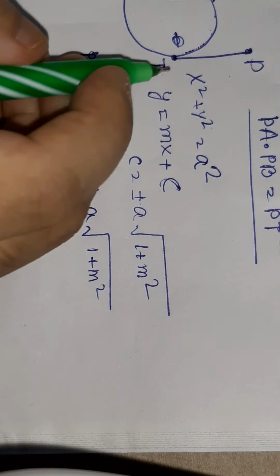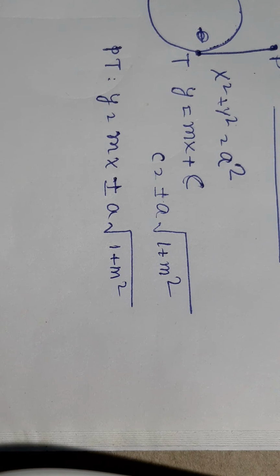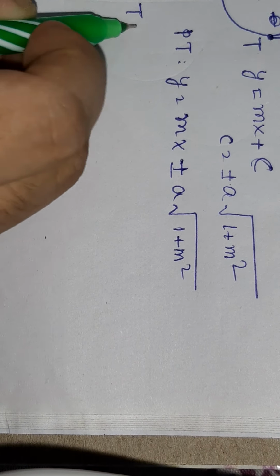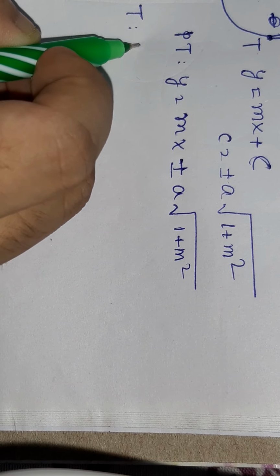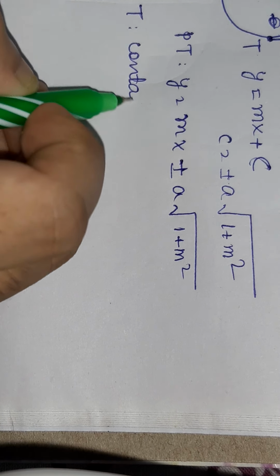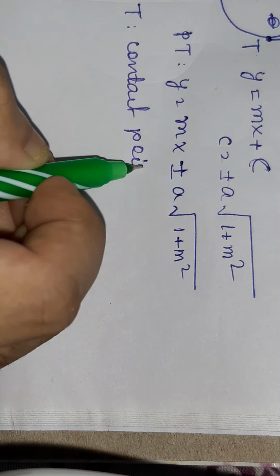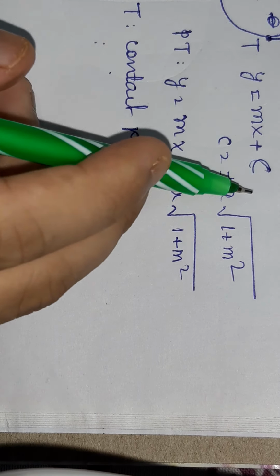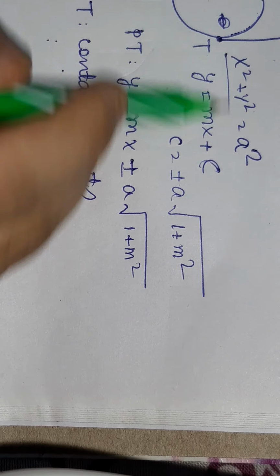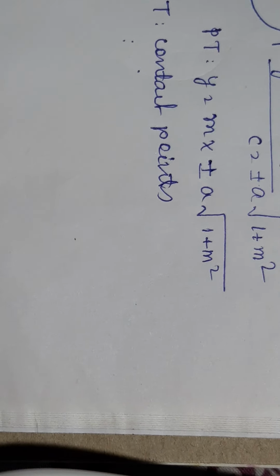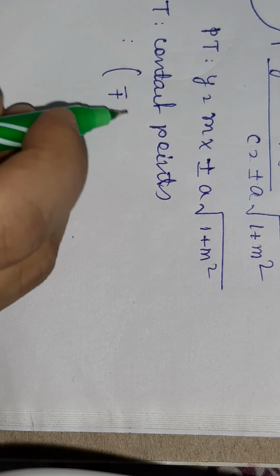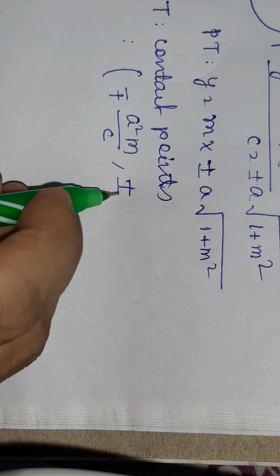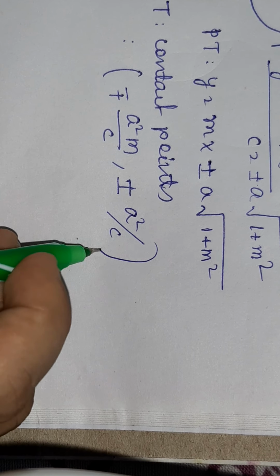Okay, and the coordinates of T, which is the point of contact, from the equation of the circle and the equation of the tangent, will be minus a square m by c and plus a square by c.